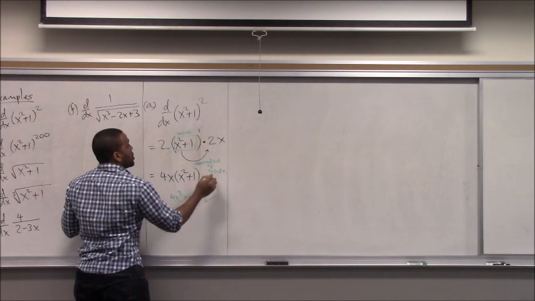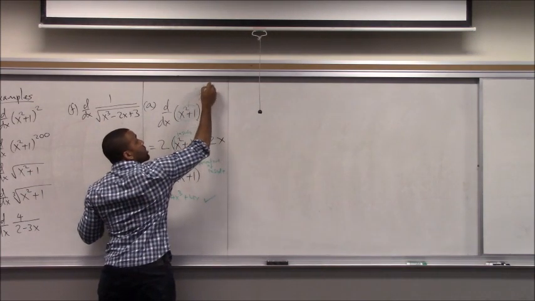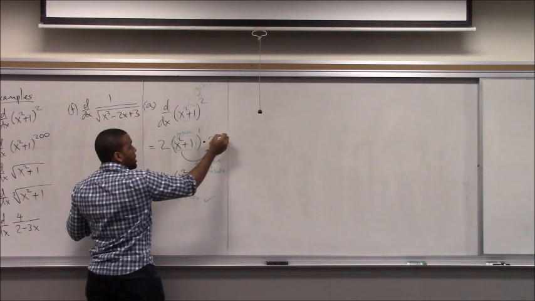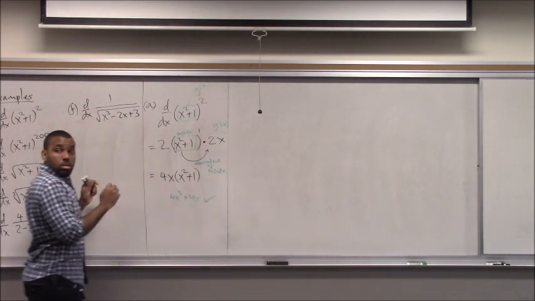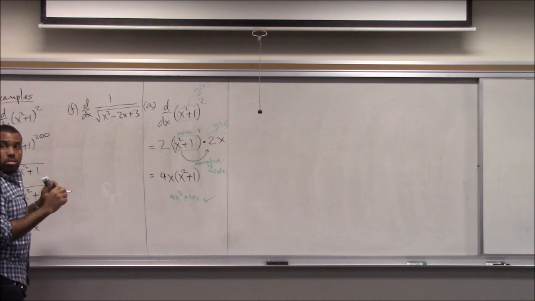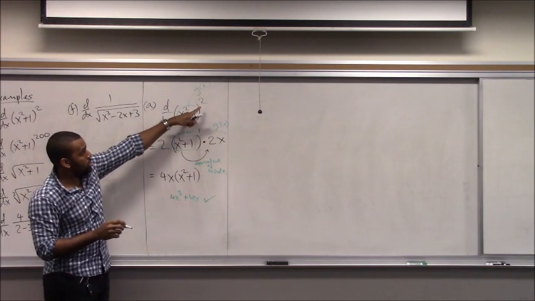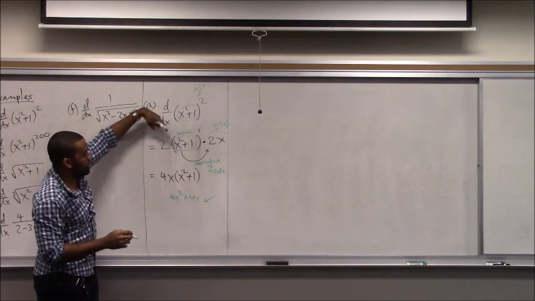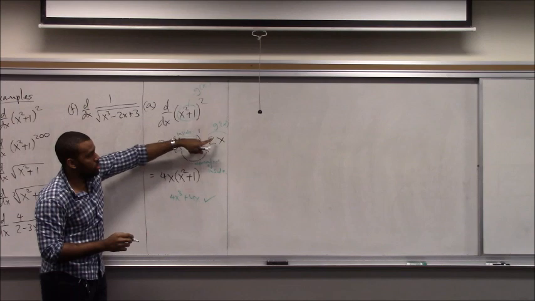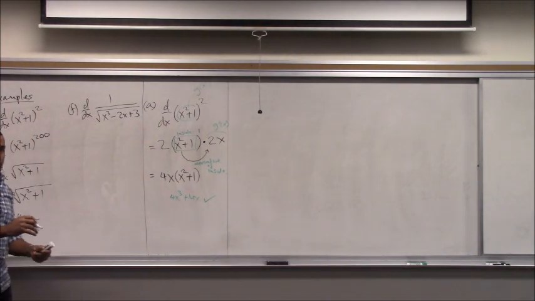In this case, the x squared plus 1 was your g of x, and so this out here is the g prime of x. Your f is like the square function. So you find f prime, which the power rule tells you how to do. Leave the inside alone, but then multiply by the derivative of the inside. Any other questions?